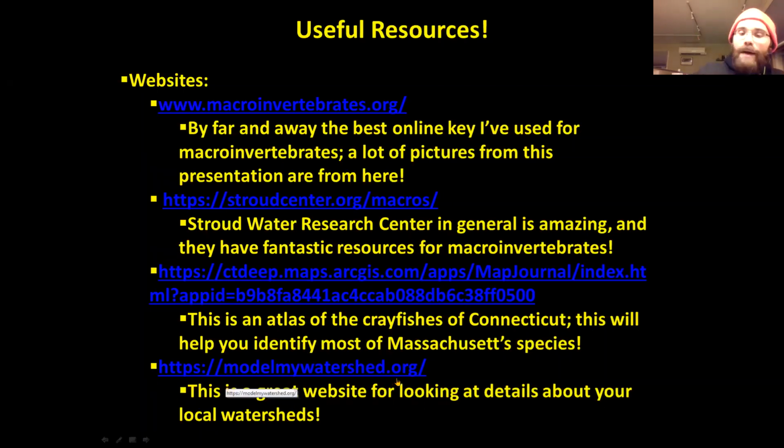And then modelmywatershed.org. This is just a fantastic website for looking at greater details about your local watershed. So you can open this up, take a look at the watershed that you're in close detail, and look at what's the land cover, like how much agriculture is in the area, etc.